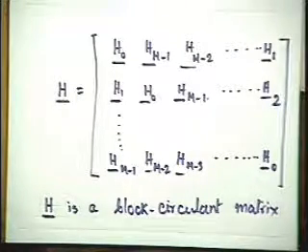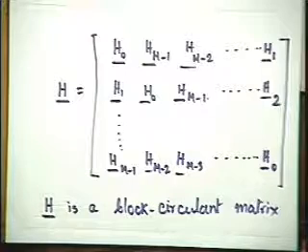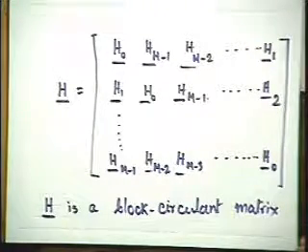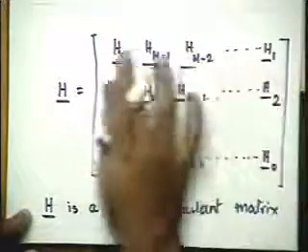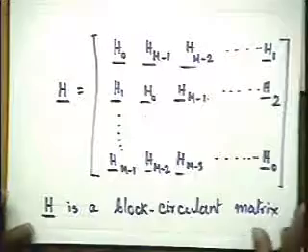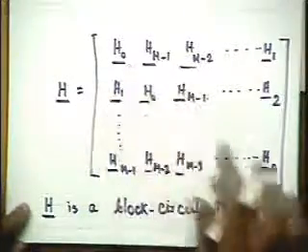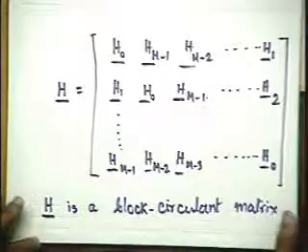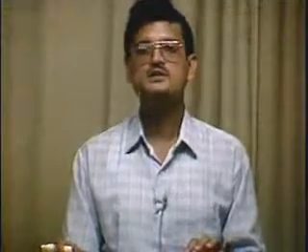Okay, and individually these H matrices can be written as follows. If we take any index, let us say H_j, then H_j will be a circulant matrix.